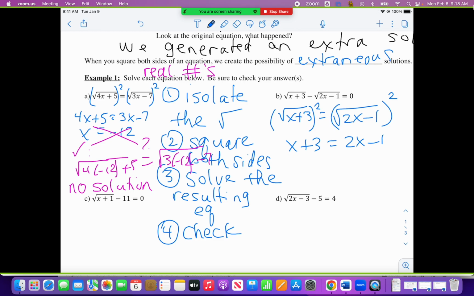Step 3, solve the resulting equation. Oops. So I'm getting x equals 4.